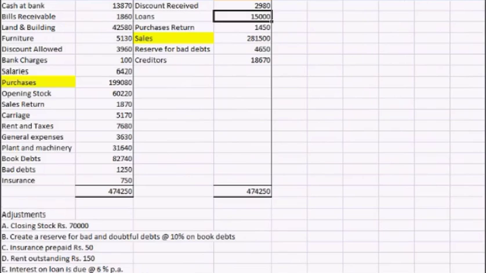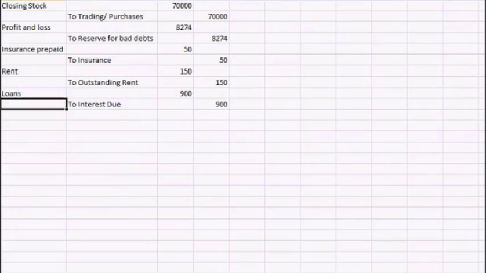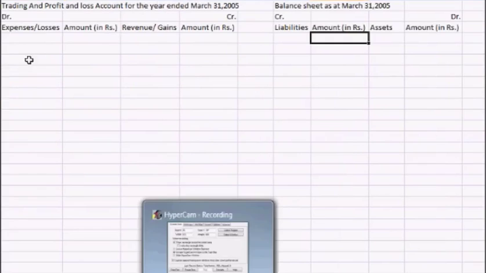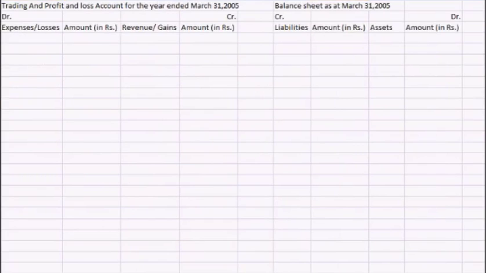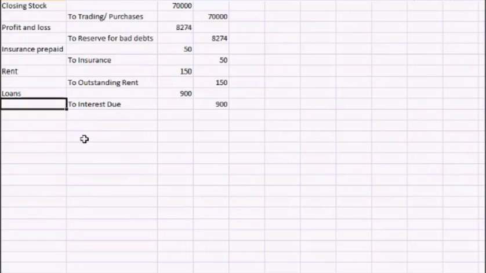So we'll incorporate first the purchases accounts. What we have here is opening stock. So first we'll start with the opening stock.